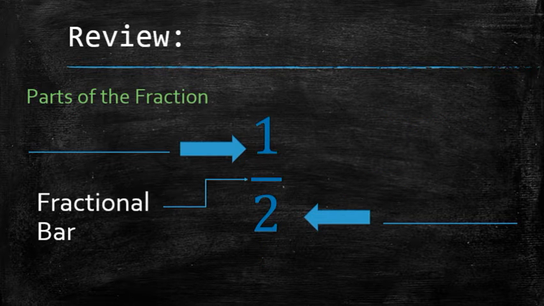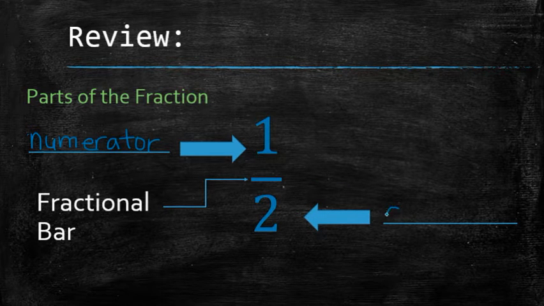So let's review the parts of a fraction. Here we have what's called the numerator. And that's on top, okay? And on the bottom, we have what's called the denominator.